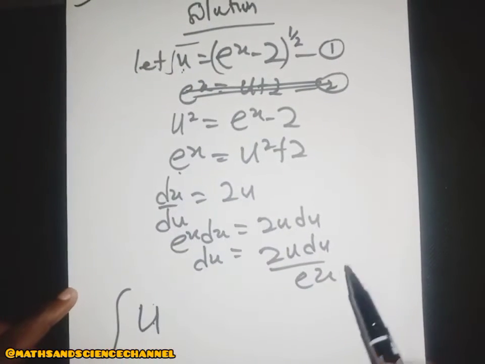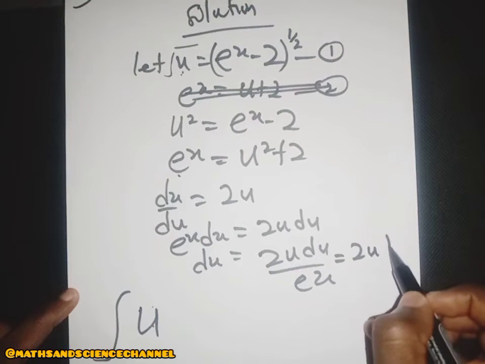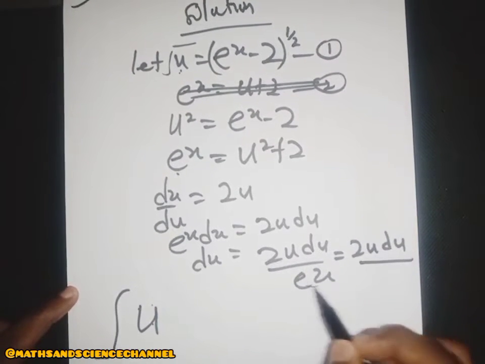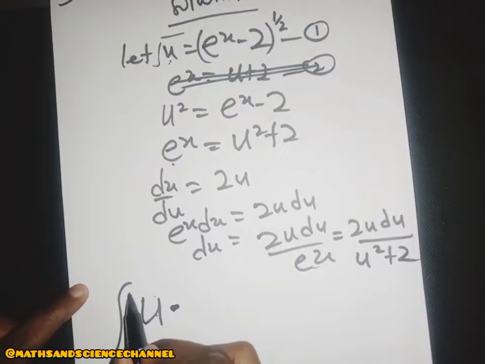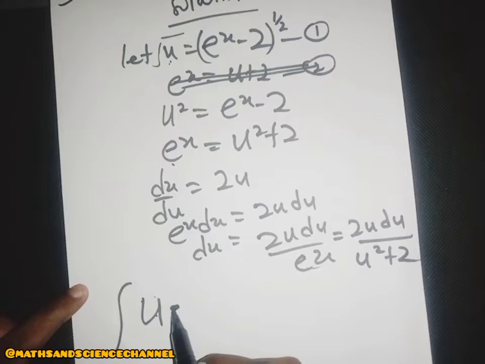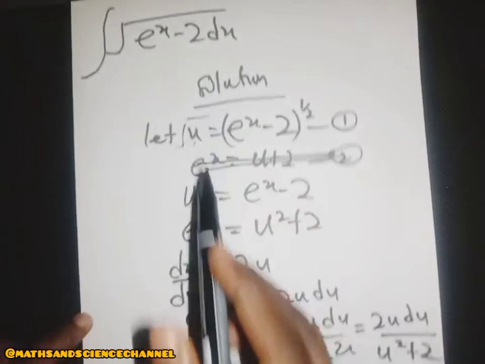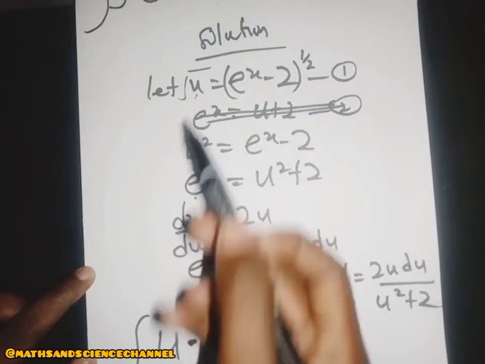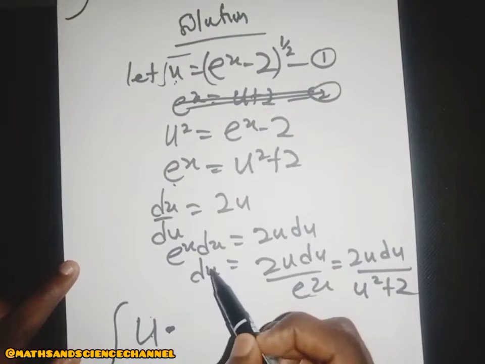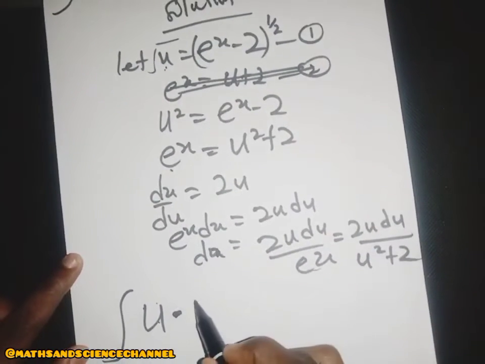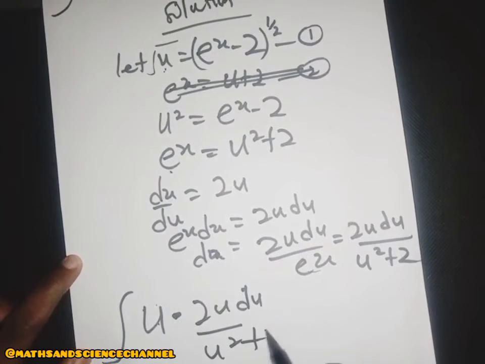The square root of e to the power s minus 2 is just u, so we replace that one as u, multiplied by dx. Our dx here is just the whole of that, so we have 2u du being divided by u squared plus 2 in this case.